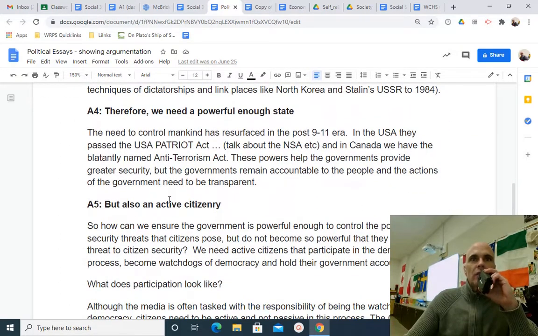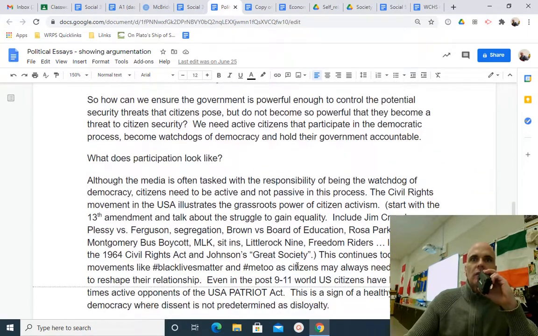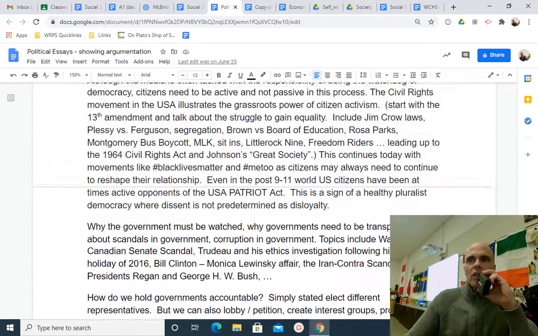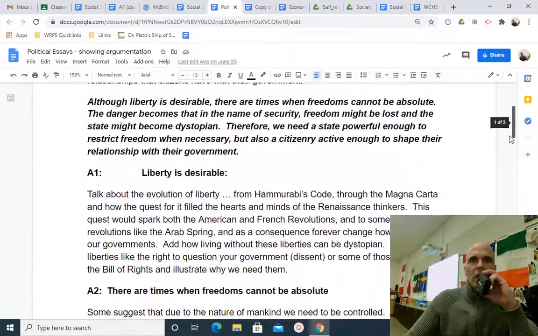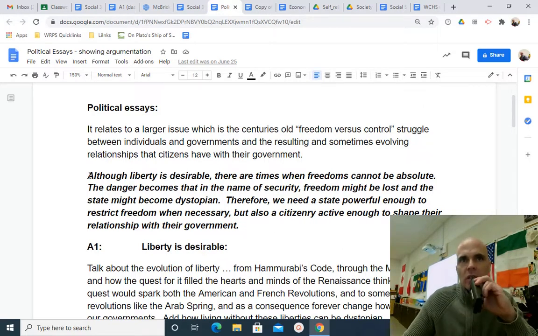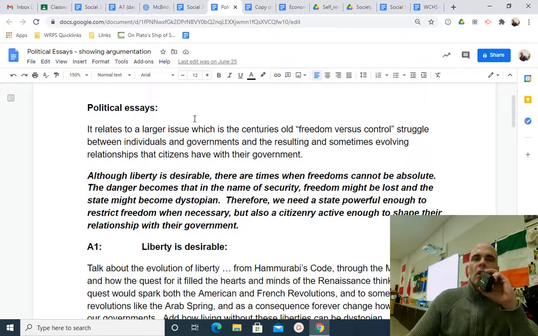Therefore, we need a powerful enough state, but also an active citizenry. Can you see how comprehensive that is? That it gives us an opportunity to talk about the entire Social 30 course. Show off your knowledge, but also shape together the argumentation into something that's quite compelling, quite convincing, quite insightful and judicious. These are the qualities of an e-paper.